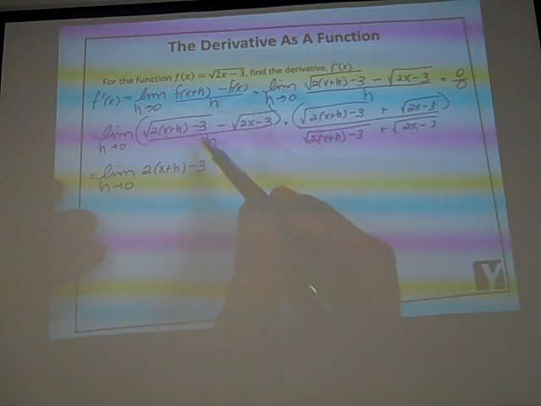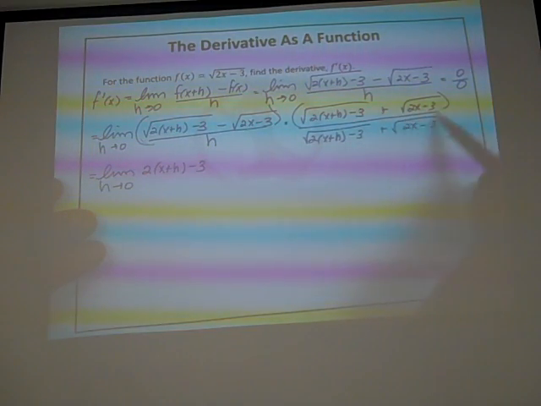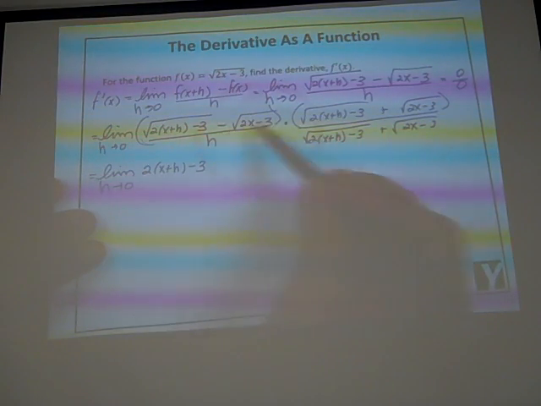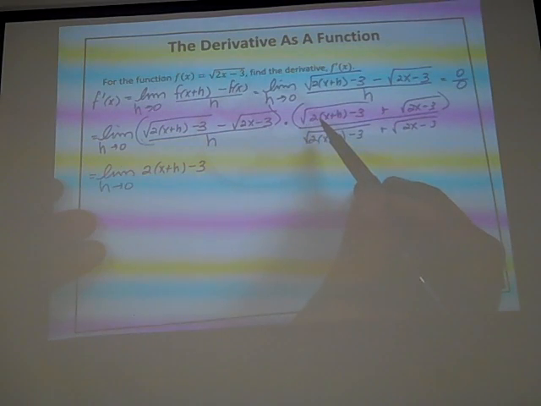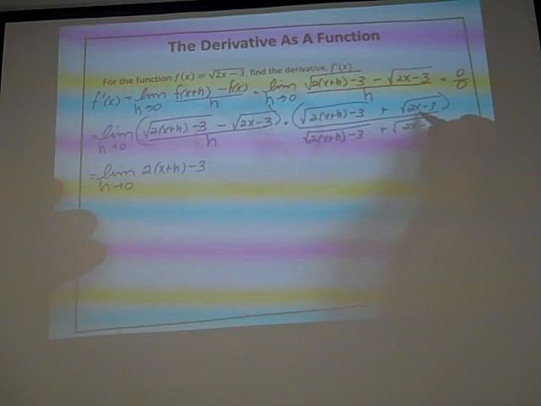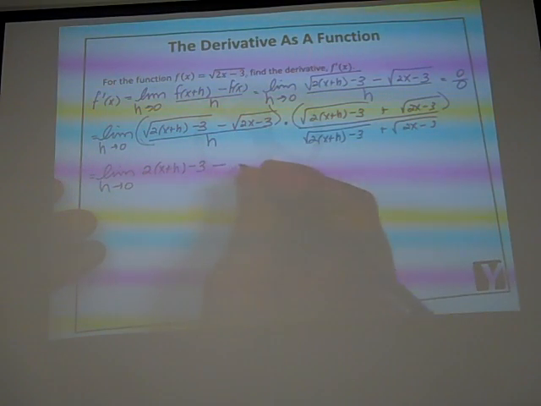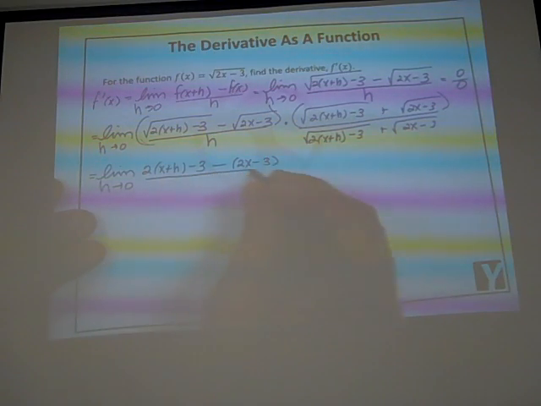Okay, let's keep multiplying. We take this first term times the last term over here. When we move to this last term in the first parentheses with the first term in the second, those will actually cancel each other out, and then we just have negative square root of 2x minus 3 multiplying with positive square root of 2x minus 3, which leaves us the negative of 2x minus 3.